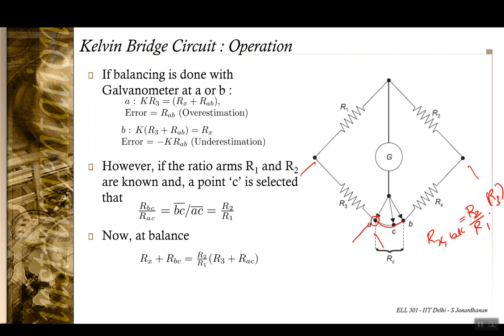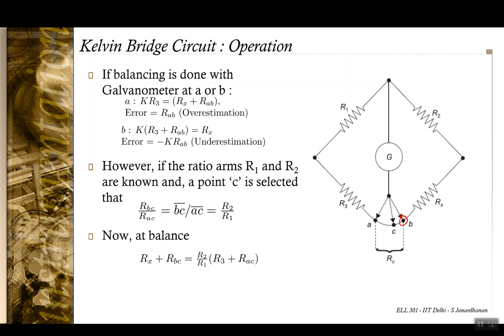But actually, in the real situation, it is Rx plus Rab that equals this factor times R3. So you are overestimating the value of Rx by a factor of Rab. On the other hand, if you connect the lead at B, an underestimation would happen.